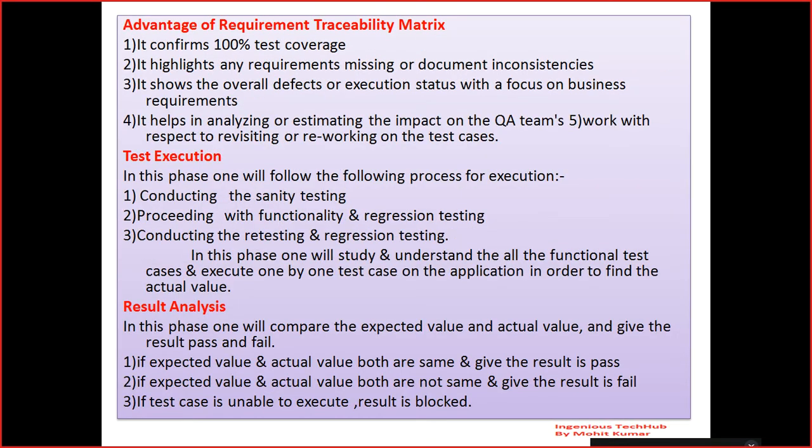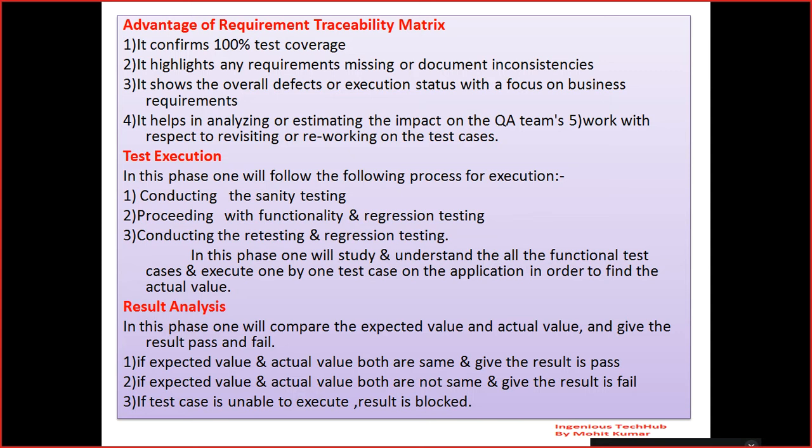Okay, so what is the advantage of that? The advantage is that we cannot miss anything while creating this TRD. If you miss anything, we are able to find the missing requirement, or something you did not test. So it confirms 100% test coverage of my application. It highlights any missing requirement or document inconsistencies.